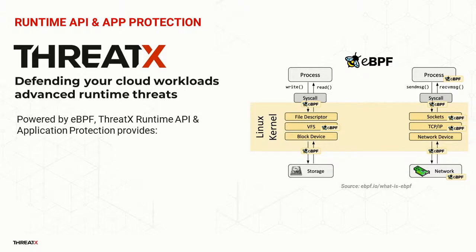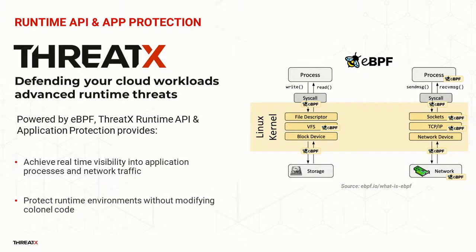In order to overcome the historical limitations of RASP solutions, ThreatX Runtime Protection leverages a technology called Extended Berkeley Packet Filter, or eBPF, a powerful framework that attaches to the kernel level within Linux environments. eBPF allows us to achieve real-time visibility into application processes and network traffic and protect runtime environments without modifying kernel code, granting insight into system components and activities beyond HTTP traffic. It enables us to monitor network flows, process tables, environment variables, and so much more.